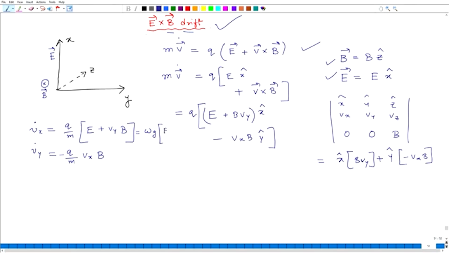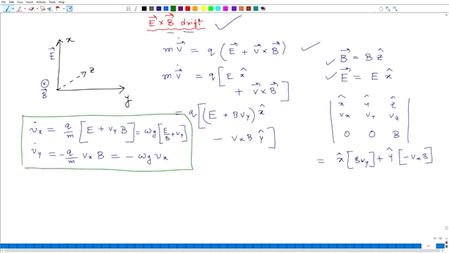So, it should be E by B plus v y, and this should be minus omega g v x. These two are very important for our case. These two are the governing equations.